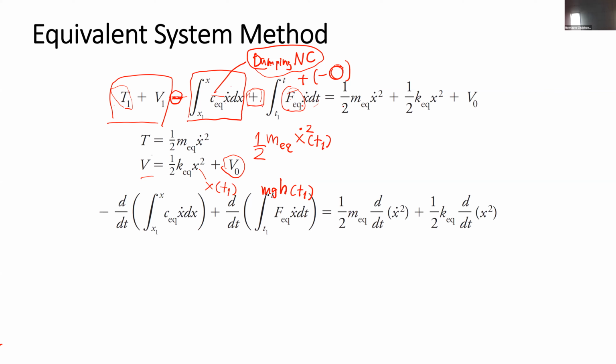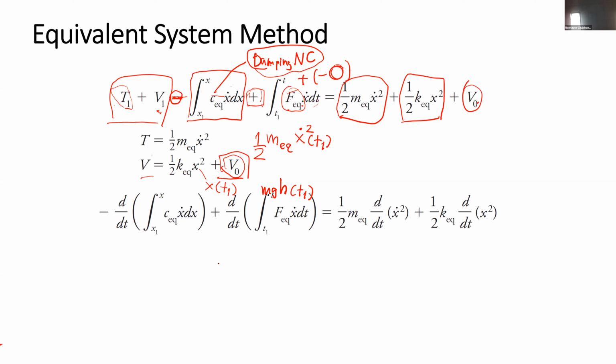We should get the kinetic energy and potential energy from the spring at any state. And this is the potential energy at the datum, still the result from this side, still keep it. This is the meaning of this equation.